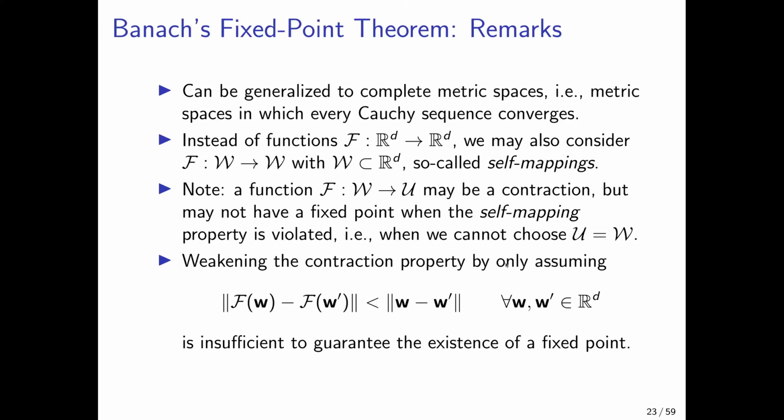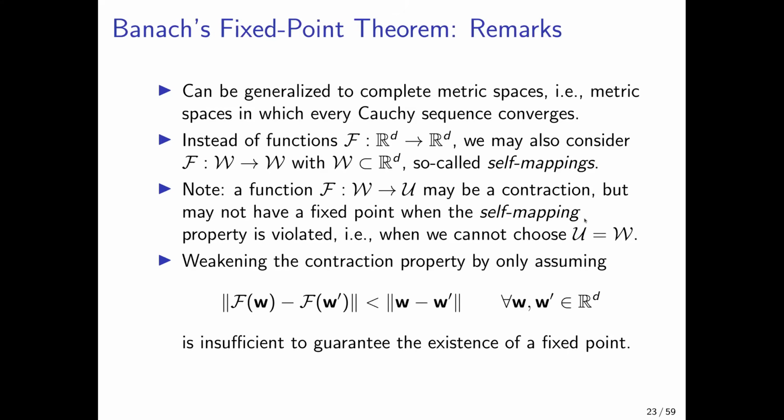And also, instead of functions defined on whole Rd, we can also consider functions that are defined on just some domain. But it's important that they're what is called self-mapping, so that we can choose domain and codomain to be equal.